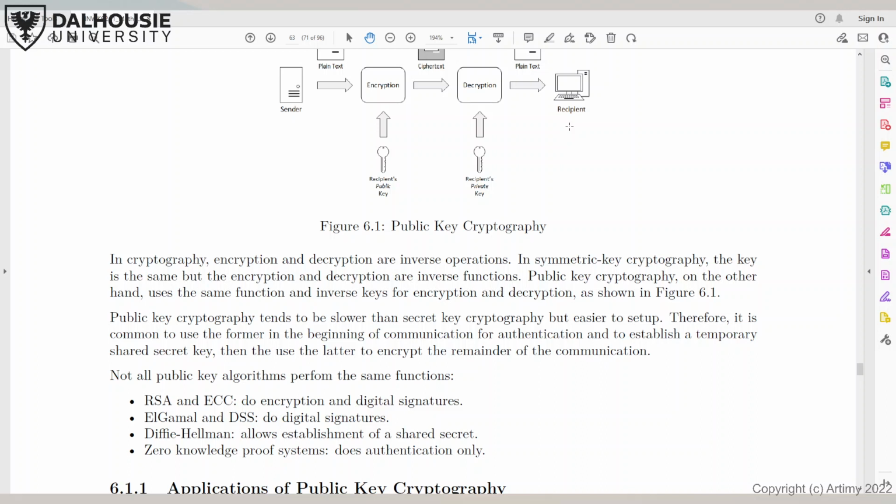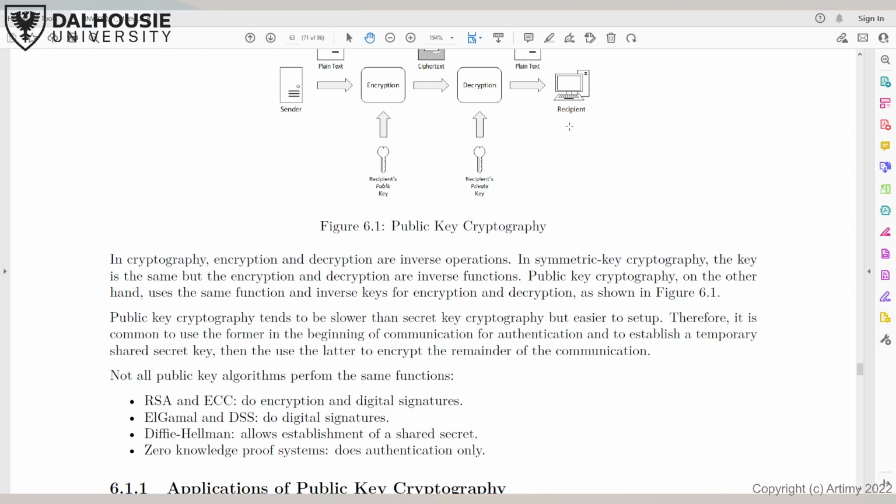So we will see later how to take advantage of public key cryptography in an efficient way, so we don't have to encrypt everything in a very slow fashion.